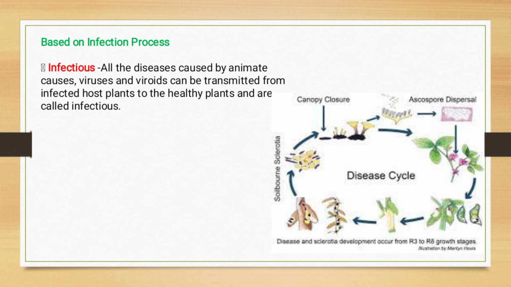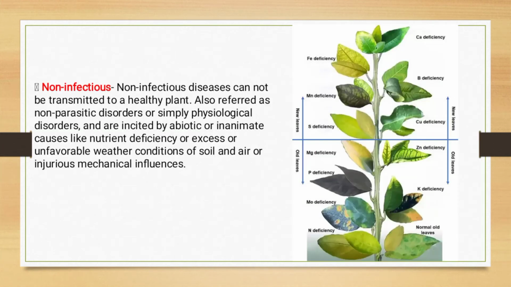Based on infection process, infectious and non-infectious. First of all, we see the infectious. All the diseases caused by animate causes, such as viruses, can be transmitted from infected host plants to healthy plants and are called infectious diseases.